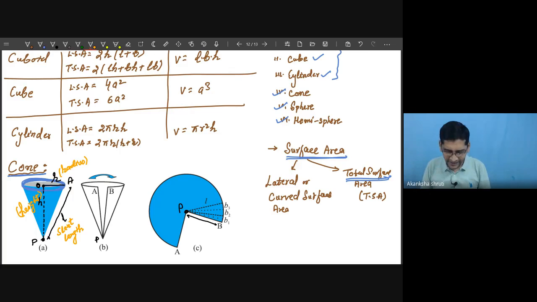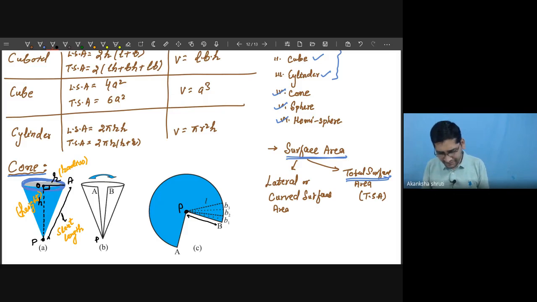In this way, we get a triangle OPA, in which OP is perpendicular to OA, because OA is the radius of the circular base and OP is just a vertical line above this circular area.